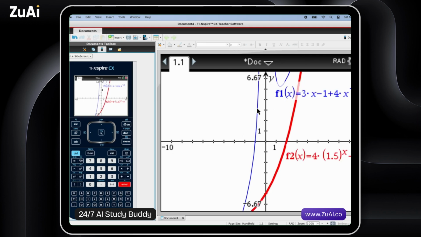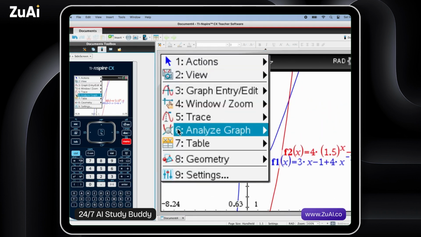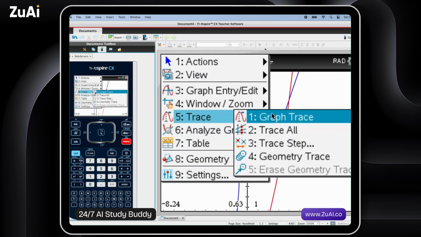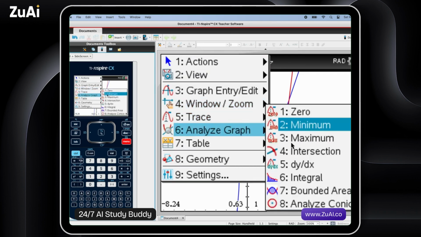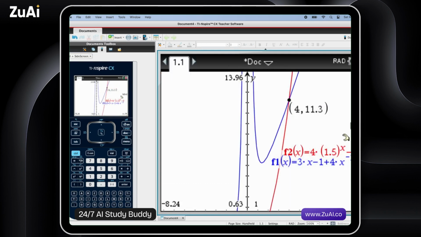It looks like we have our intersection right here, and this should give us the solution. So analyze graph, intersection, and in this case, it gives us a different value.